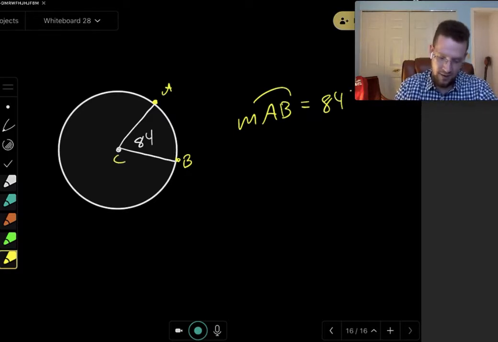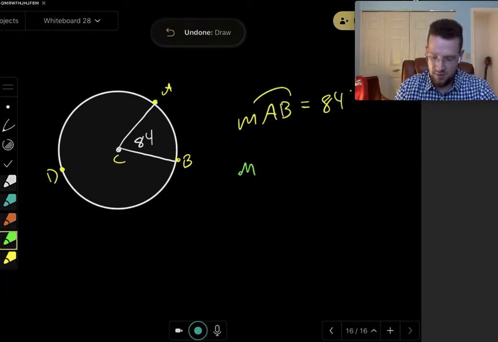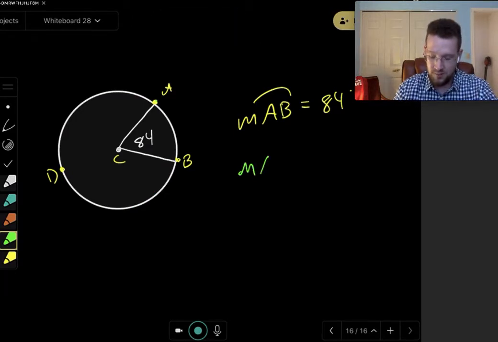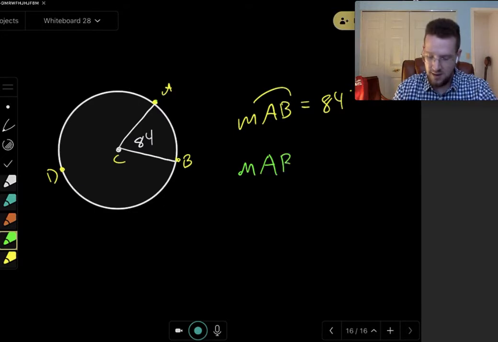And let's see, how about D for center? And let's say we could also go around the other way, right? So AB would be this one. We could go ADB, we could go the opposite way. So we could find the measure of the degree of the arc ADB.